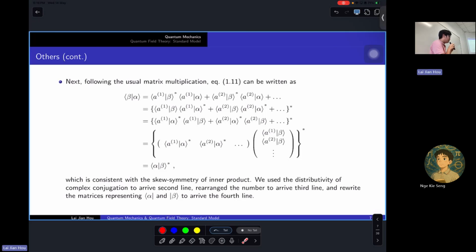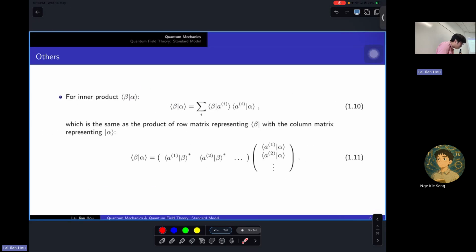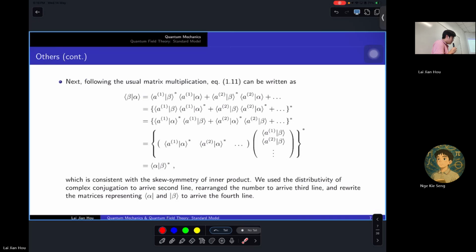And I just want to verify that the inner product, when we represent it in matrix form, when we multiply it all the way along, satisfies the skew symmetry of the inner product at the end of the verification.